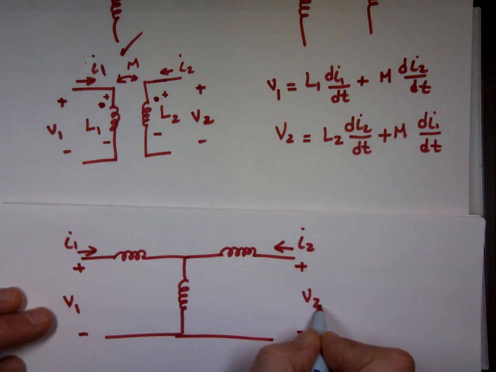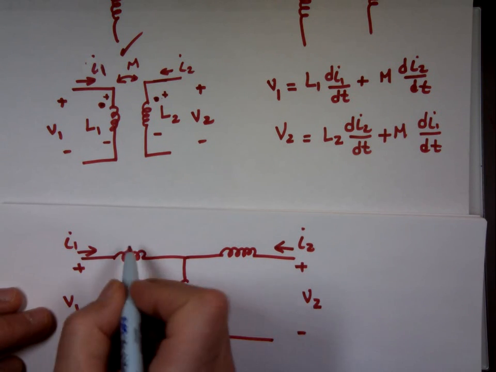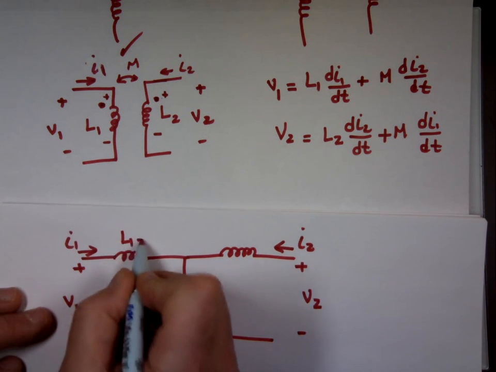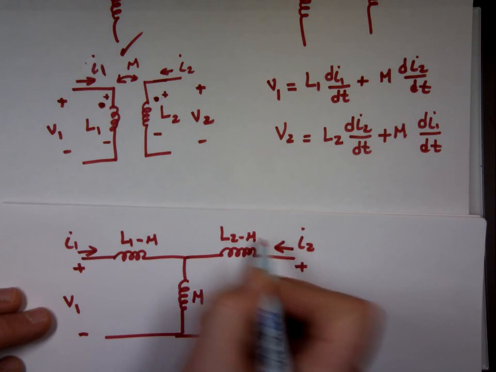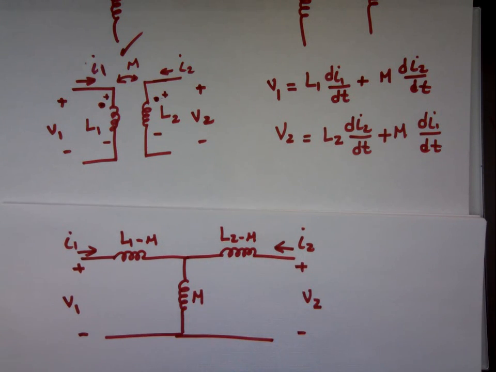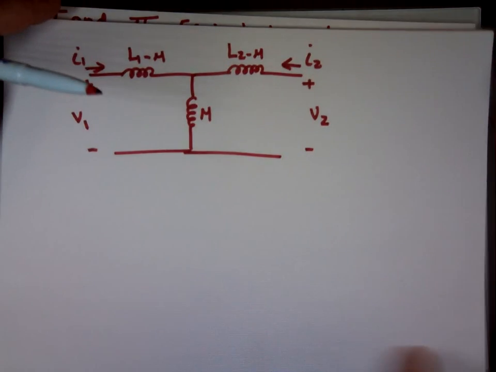And this is M. Let's use the value of this M henry. Let's use this L1 minus M, and let's use this as L2 minus M. Can we find what V1 and V2 are from this circuit? Let's look at that.